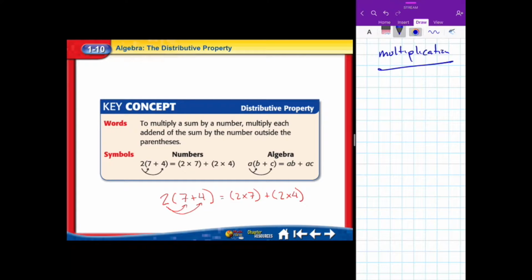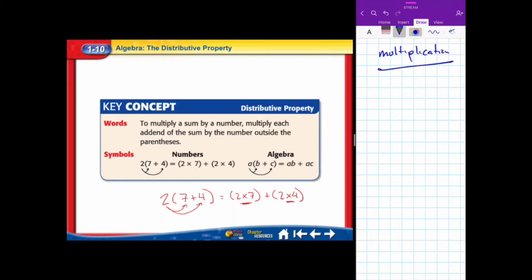When you have smaller problems like this, these are a little bit easier to figure out in your head. Now you're going to say, Mr. Williams, couldn't I have just done this? Aren't I supposed to do the parentheses and then the multiplication? Yeah, that's the PEMDAS. But in this case, it's going to be a little easier to do the distributive method, because you're going to have smaller numbers that you can figure out in your head.